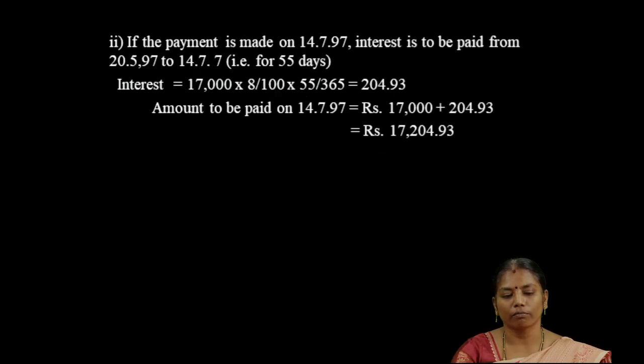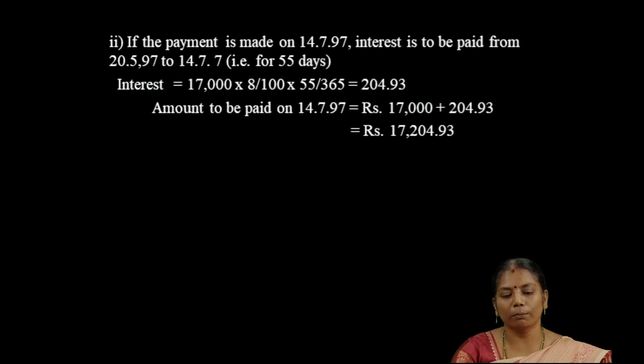If the payment is made on 14/7/97, interest is to be paid from 25/5/97 to 14/7/97, that is for 55 days. Interest equals 17,000 into 8 divided by 100 into 55 divided by 365, which equals 204.93.